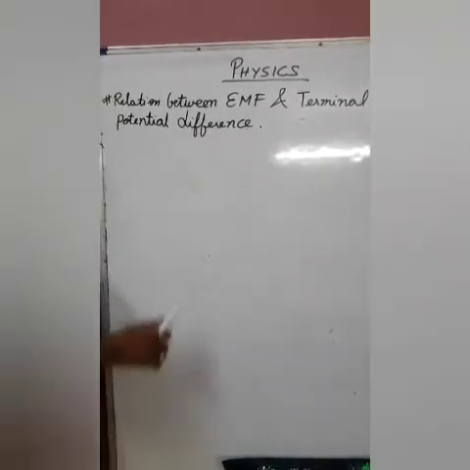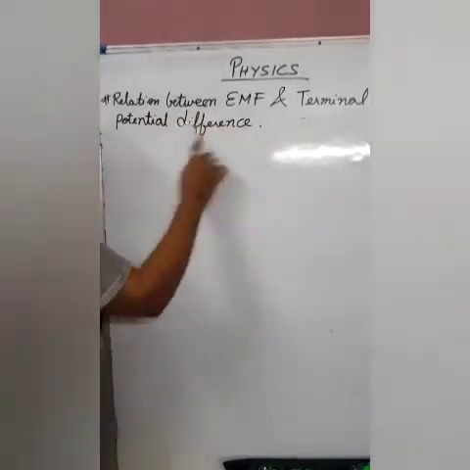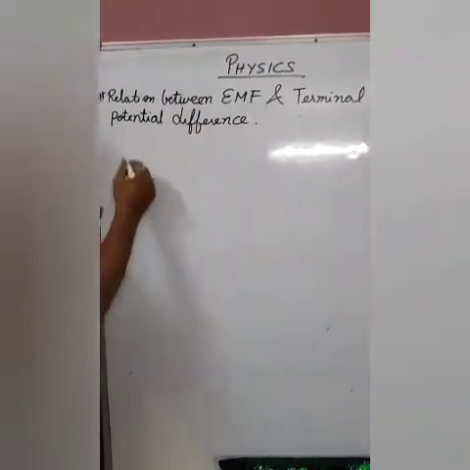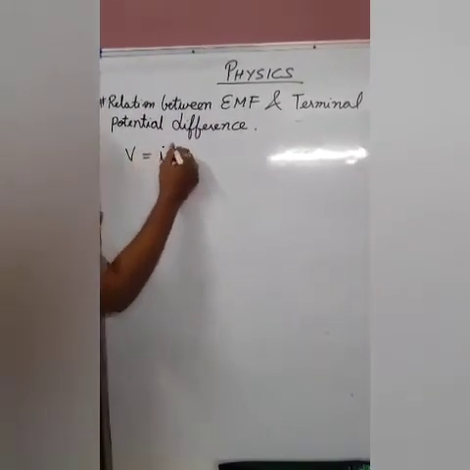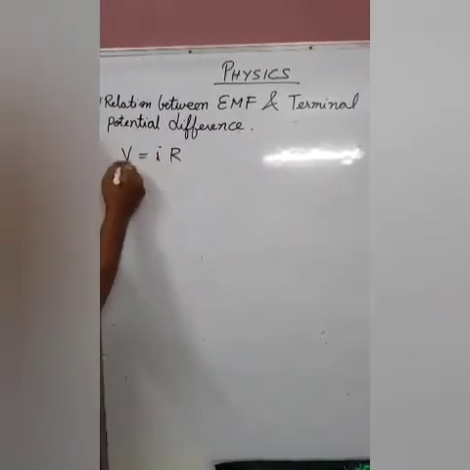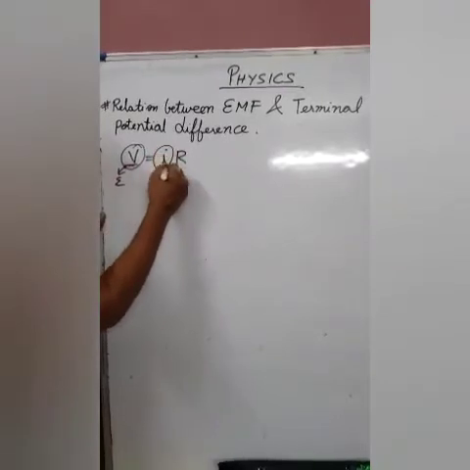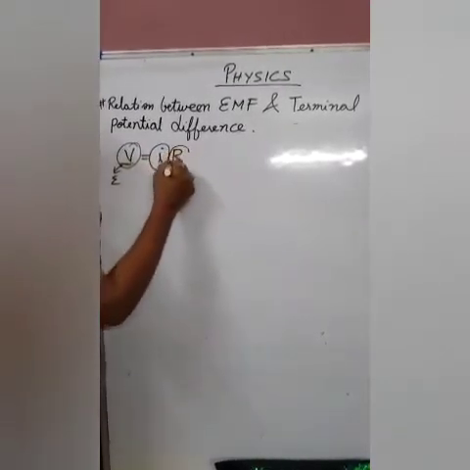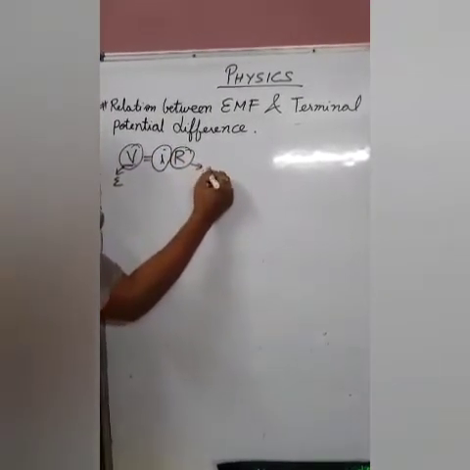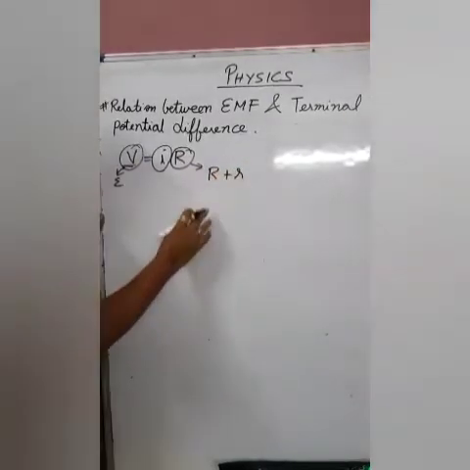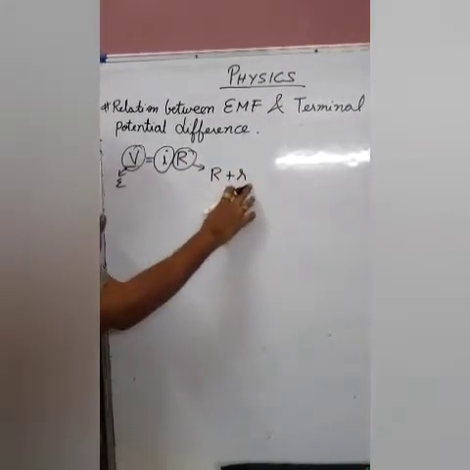Now let us establish a relationship between EMF and terminal potential difference. From Ohm's law we know that V is equal to IR. But instead of V we are going to write E, which is EMF. I would remain the same, and instead of R we are going to write capital R plus small r, that is external resistance plus internal resistance.